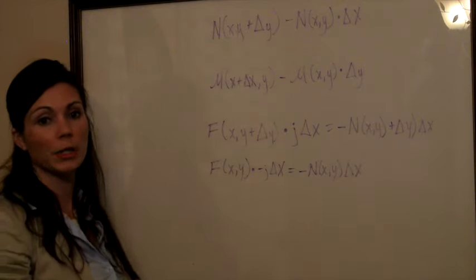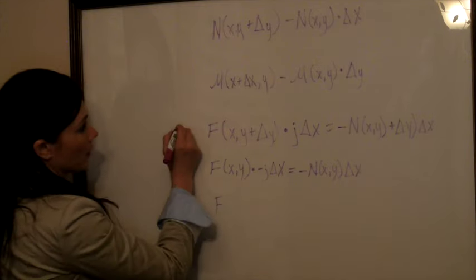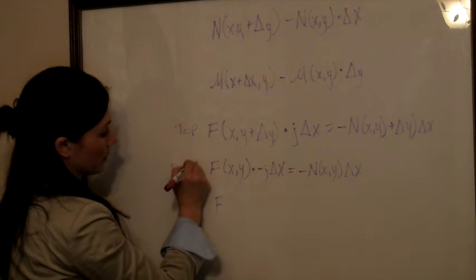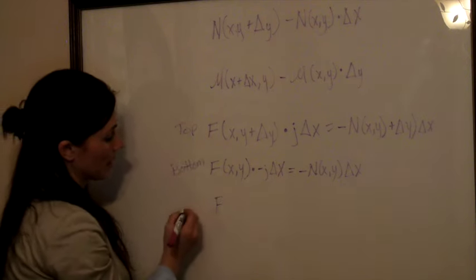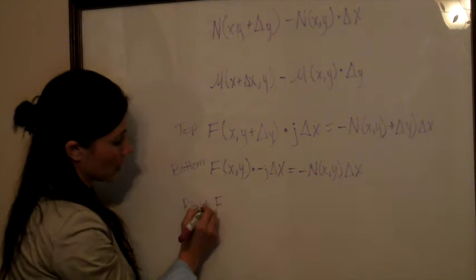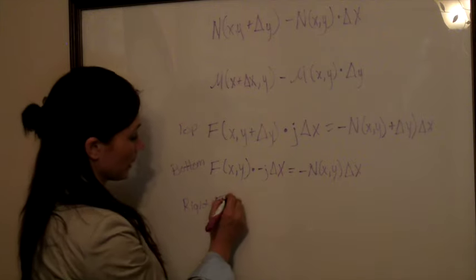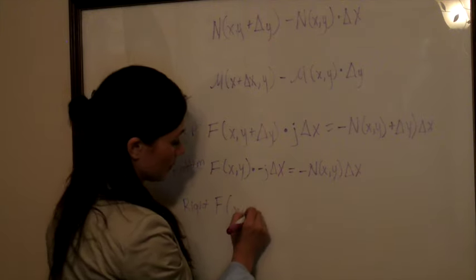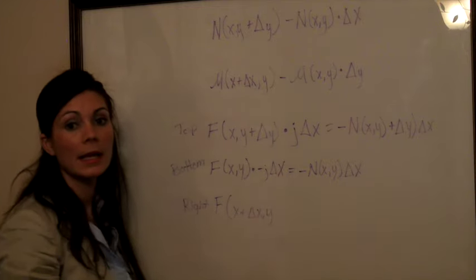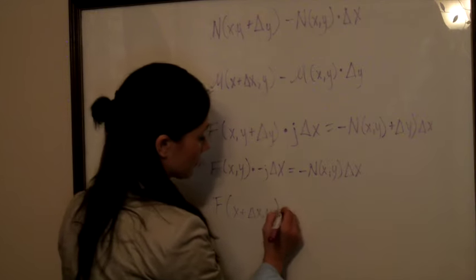So the right formula will be F(x plus change of x, y), multiplied with i change of y.